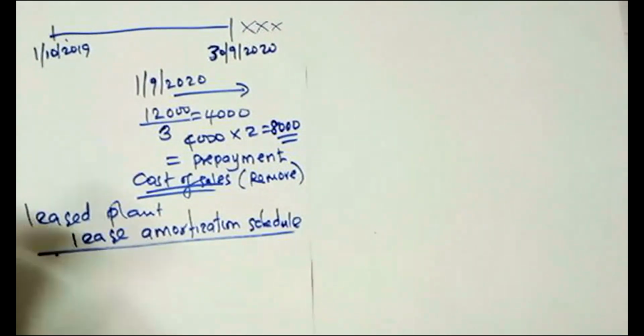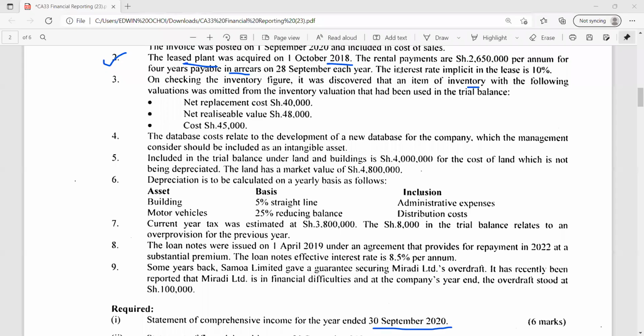So this lease amortization schedule, when you prepare it, you have to base your argument on the way they were paying the relevant rental repayment. So the rental repayments are 2.6 per annum for 4 years, payable in arrears on 28 September each year.